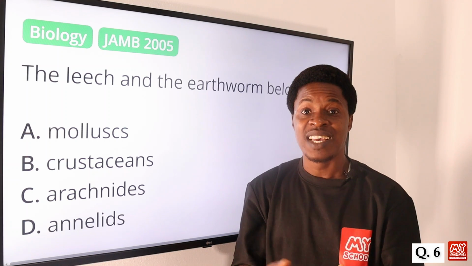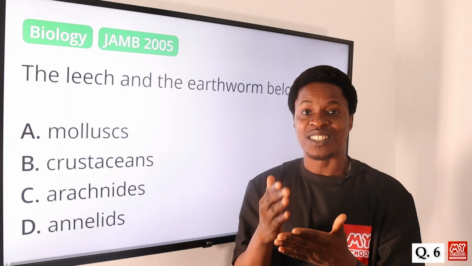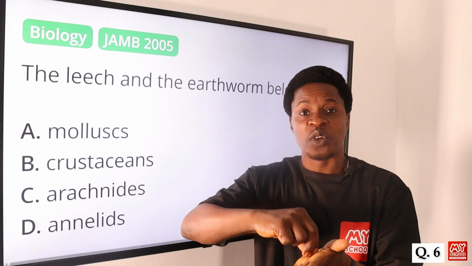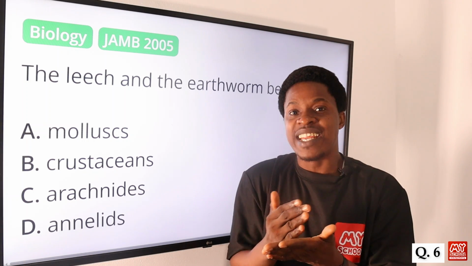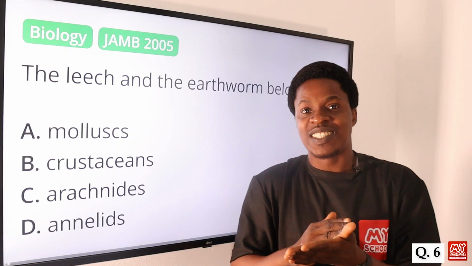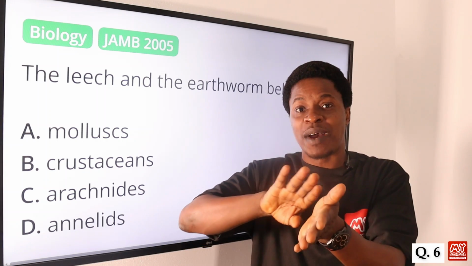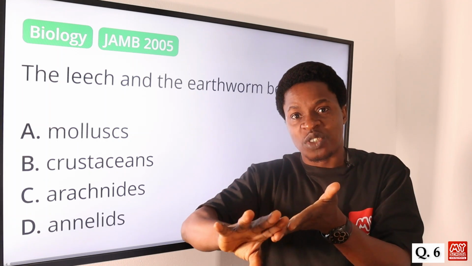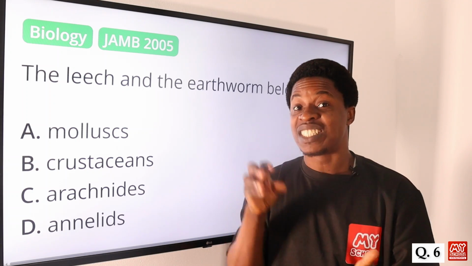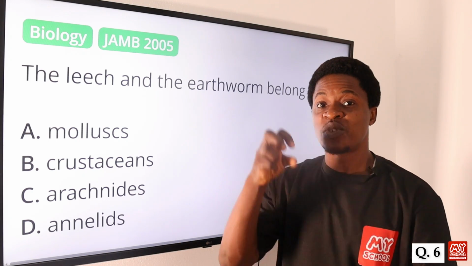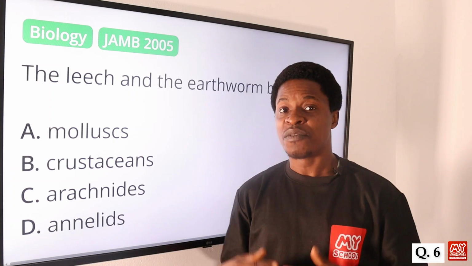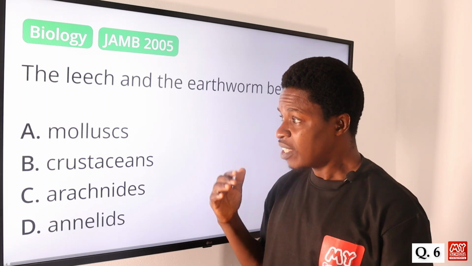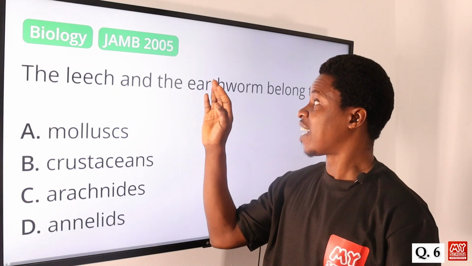It is so stuck that it is difficult to remove it with your hand. You might need something smooth, like the blunt back part of a cutlass, to remove it from the body, because once it sticks, it just keeps sucking blood. So that is how the leech looks, and the earthworm also.